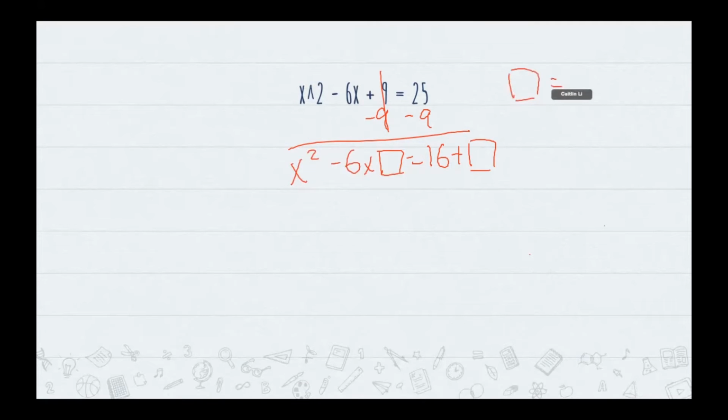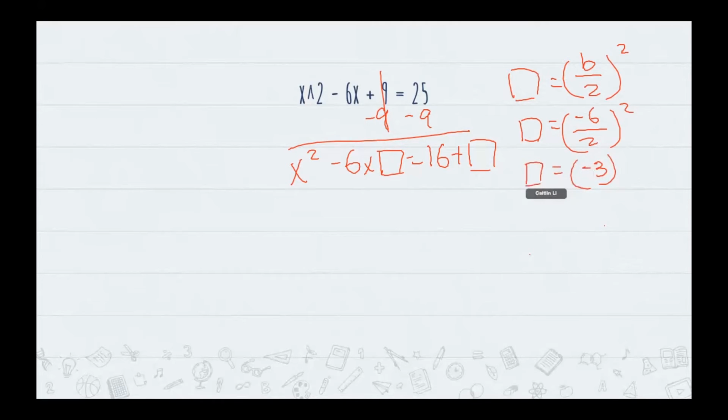Now, same thing as before. B over 2 squared, and we replace b with negative 6. Divide negative 6 by 2, get negative 3. Put down the exponent 2, combine these two, and you get 9.